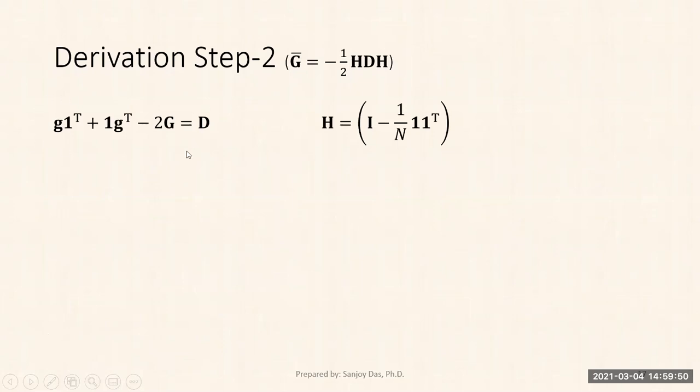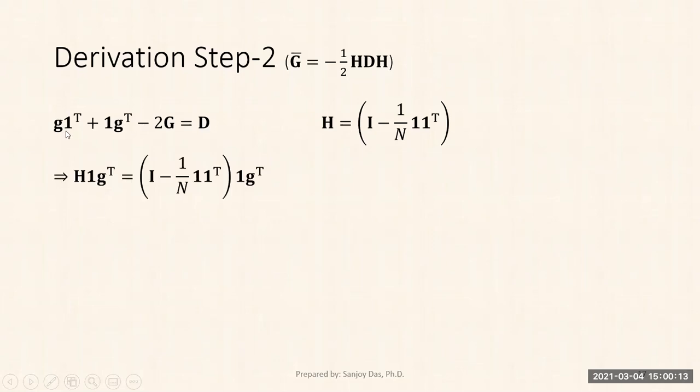We just showed this. Now, if we assume that the data is centered, then X equals X bar, and likewise G equals G bar. So this is what I just showed, and we know the expression for H is equal to this.